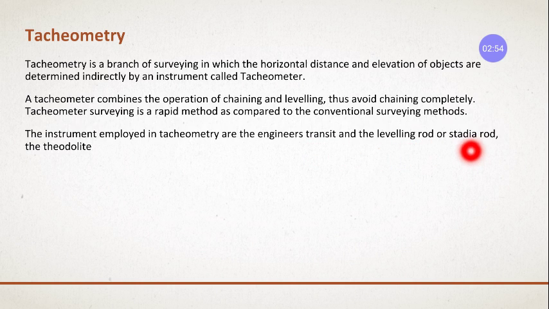The other staff you can say is the stadia rod, right? And the theodolite. If the engineering transit is not there, then we go for the theodolite, and if the stadia rod is not there, we go for the leveling rod. Most probably we don't go for the engineering transit and stadia rod because nowadays nobody has those, but we use tachymetric survey with the help of the theodolite and the leveling staff.